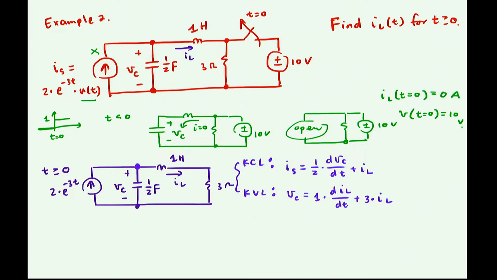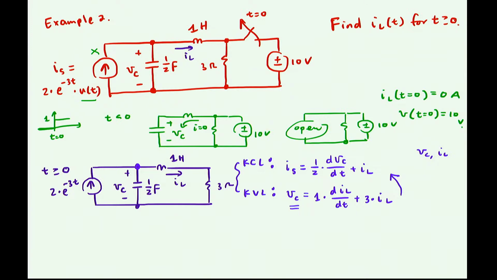Okay, so we have two unknowns, VC and IL, and we have two equations here. I'm going to use the second equation in the first equation to replace VC.